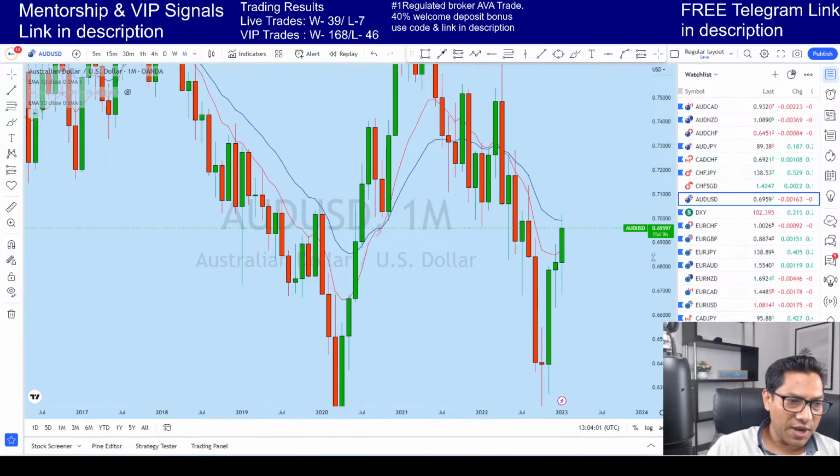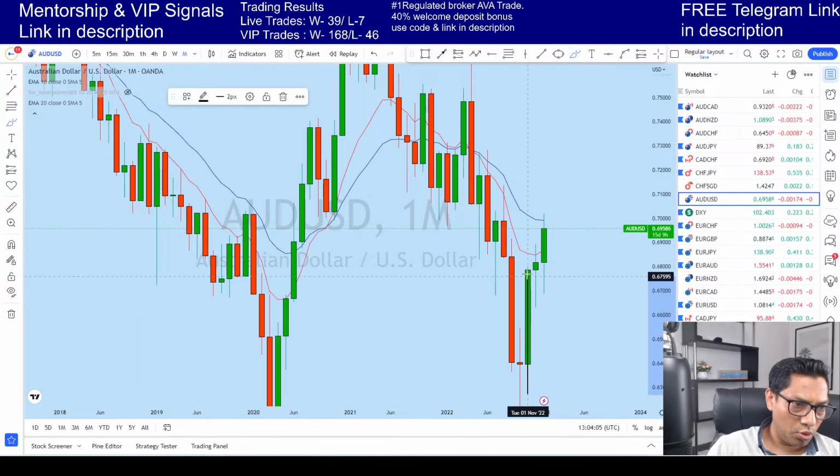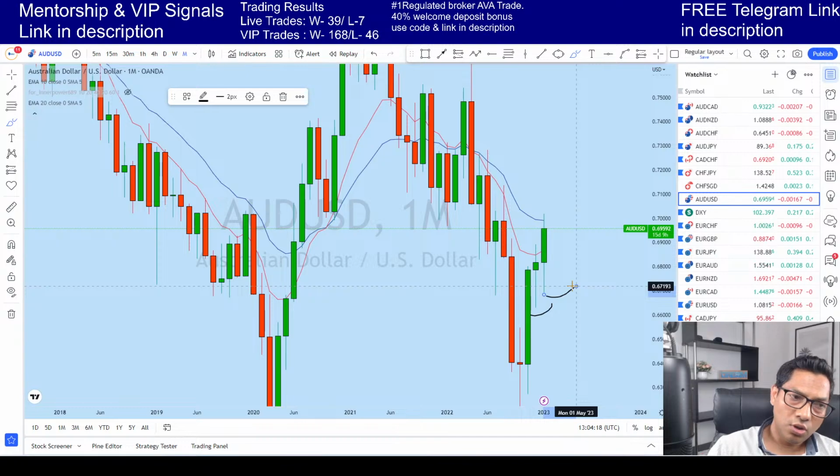So from the monthly perspective, we see a big bullish candle followed by a doji, which is a typical continuation pattern. And this month we have seen a long wick candle here on the monthly, which in fact created a higher low, which is very textbook bullish price action.